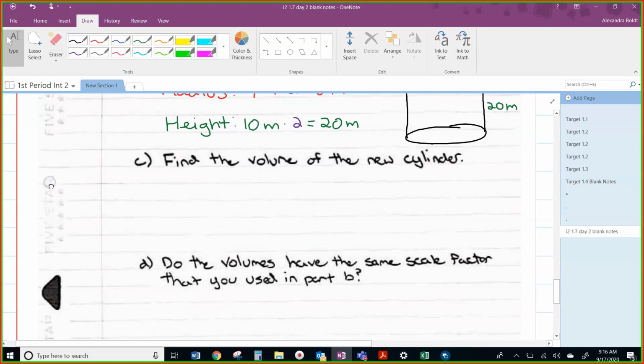So now we're going to find the volume of the new cylinder. Volume equals pi r squared times height. Well, our radius from right above is 8. And our height is 20.